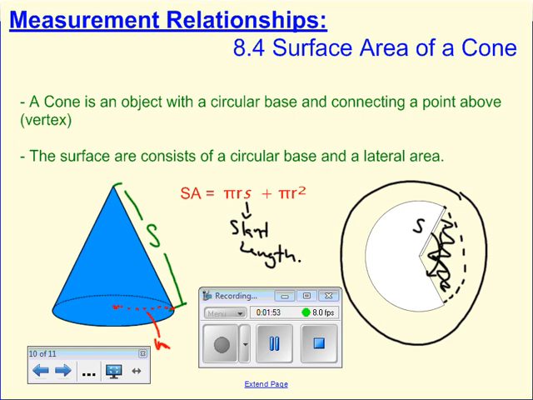So we can make our own cone by taking a larger circle, cutting out a section like this, folding it around and attaching it so that it becomes a cone at one point, and then putting on a circular base. Let's take a look at an example of how to calculate surface area.